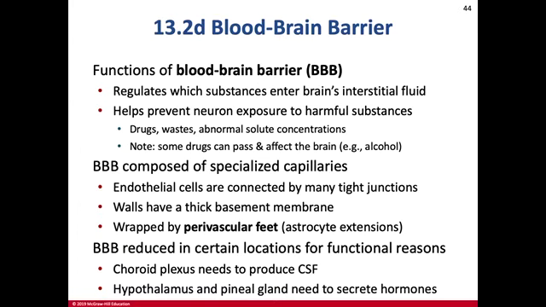Specialized capillaries contain endothelial cells that are connected by tight junctions and have a thick basement membrane wrapped by the perivascular feet of the astrocytes, and they in turn wrap other sets of feet around the neurons, okay? The choroid plexus is where the production of cerebrospinal fluid occurs. The hypothalamus and the pineal gland are critical here because they need to secrete hormones directly into the bloodstream, okay?